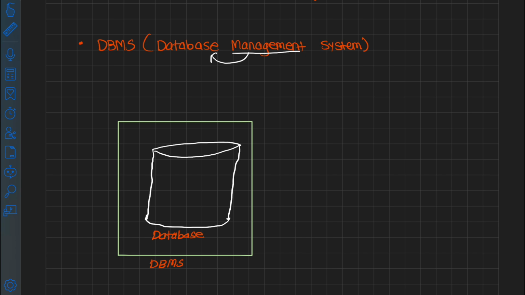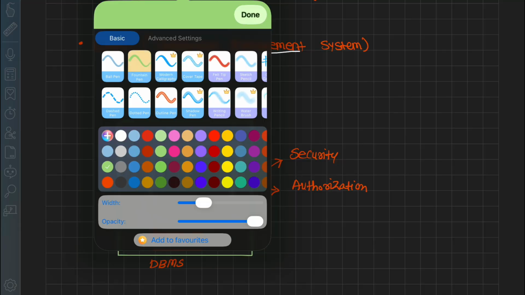And the second point: the DBMS provides two features. The first feature is security, and the second feature is authorization. Then what is meant by security?